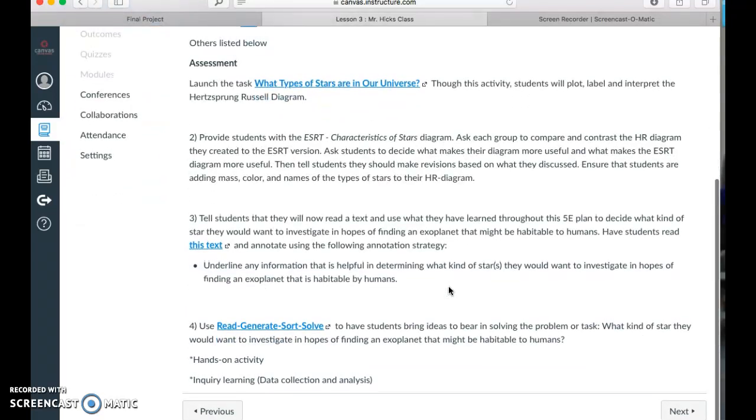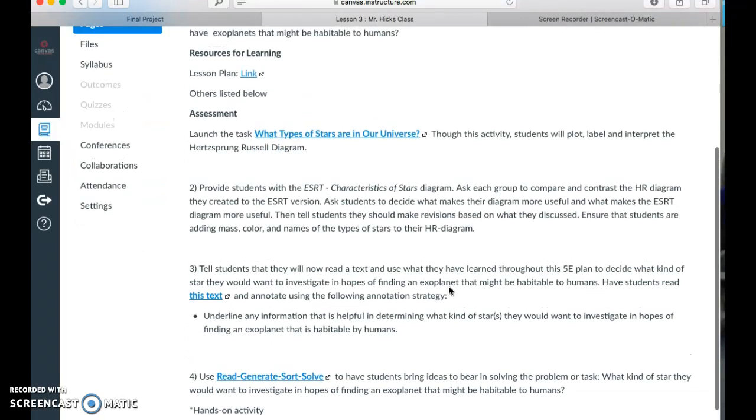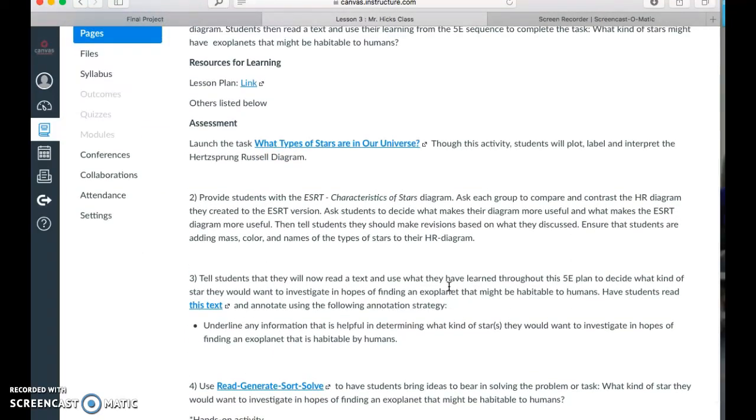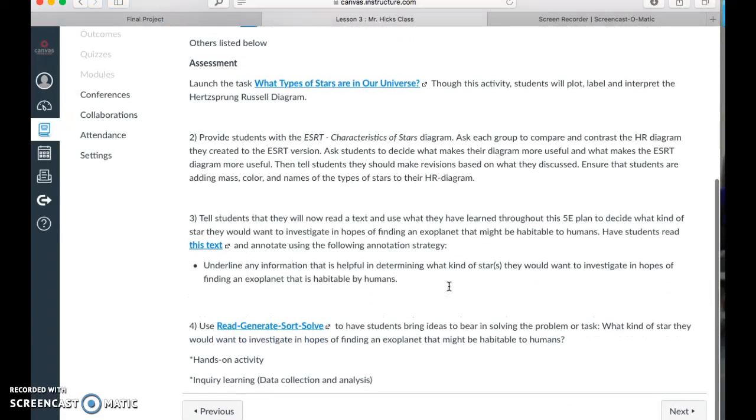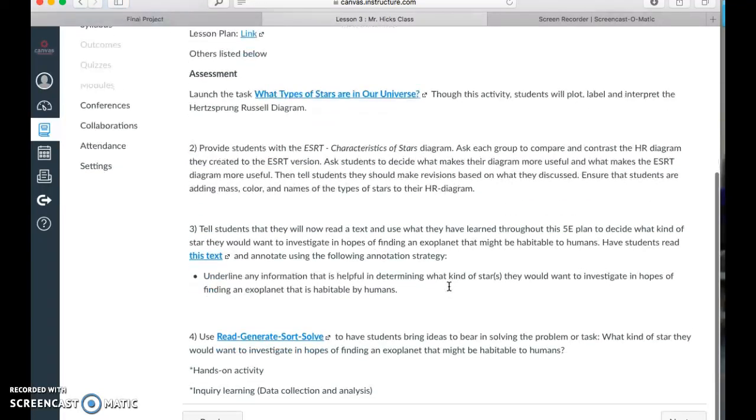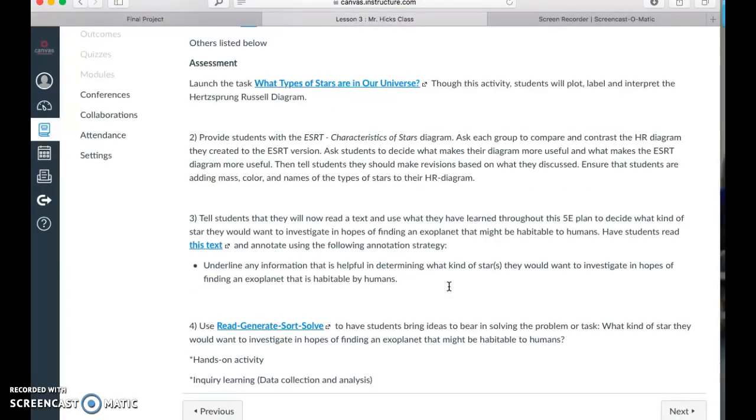And for the assessment, this was an activity with which the students are involved with the Hertzsprung-Russell diagram, and it was a hands-on activity that required them to use text and information, and also allowing them to draw the diagram on how they view it. And then it also required that they collect data and analyze the data that they collected.